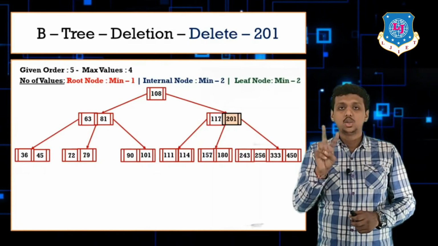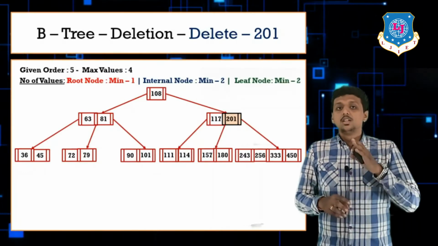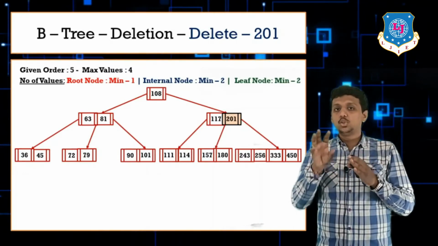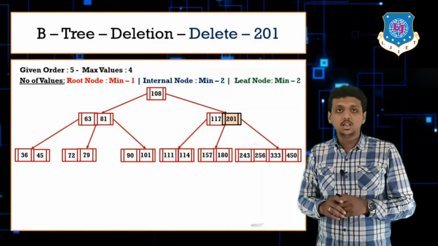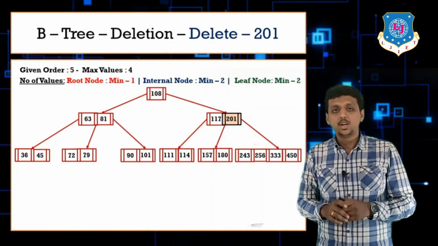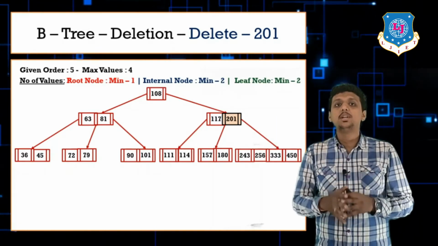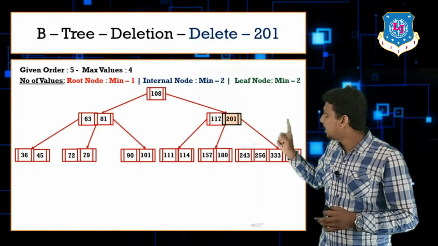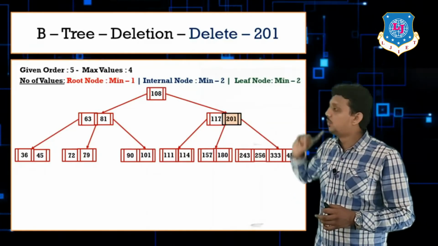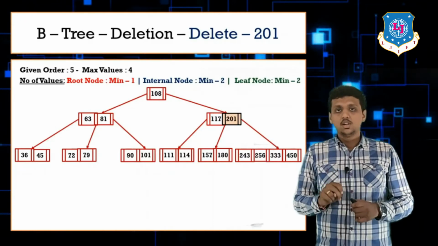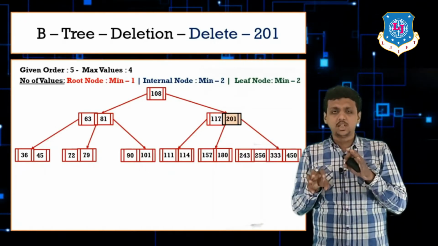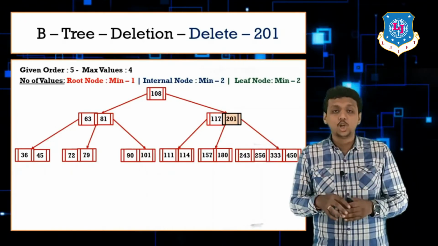Case number 2. So tell me, if I am going to delete 201 from that internal node, then what happens? It is violating the B-tree rules, because an internal node must contain a minimum of 2 values. If I just remove 201 from that node, then 117 becomes alone.